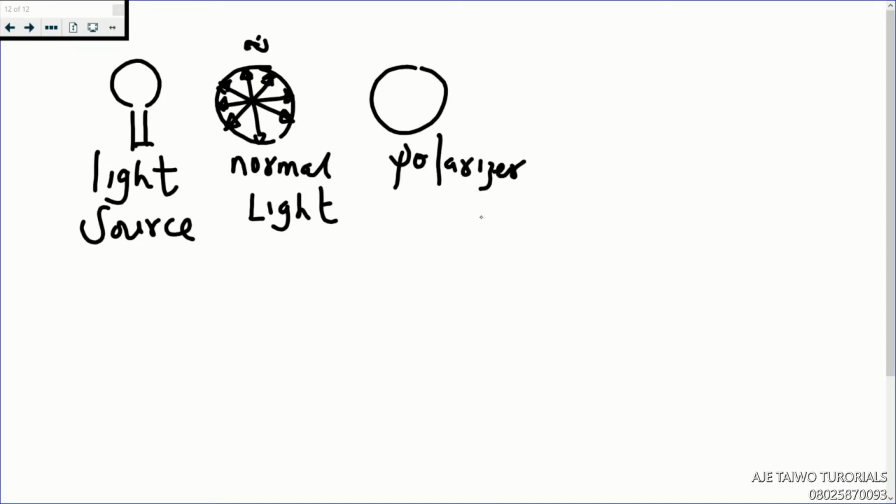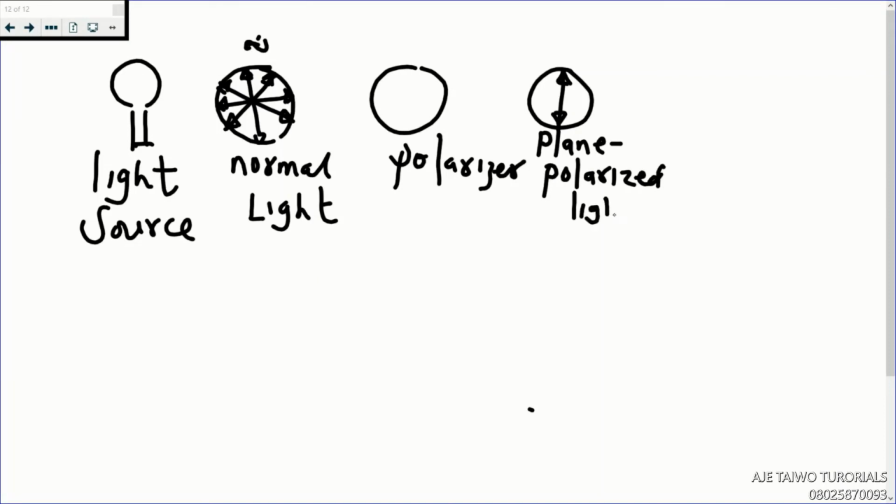When the light passes through a polarizer, what I see is now light that moves in just one direction, vertically only. This is called plane polarized light.